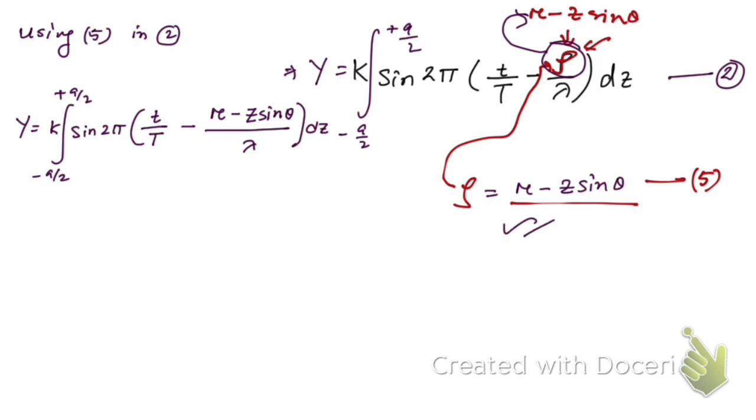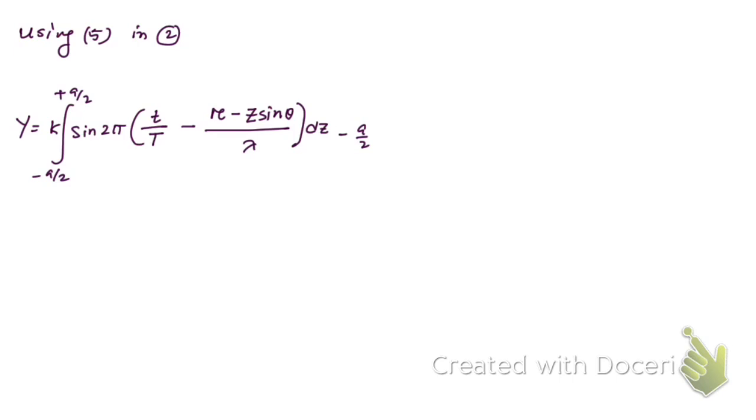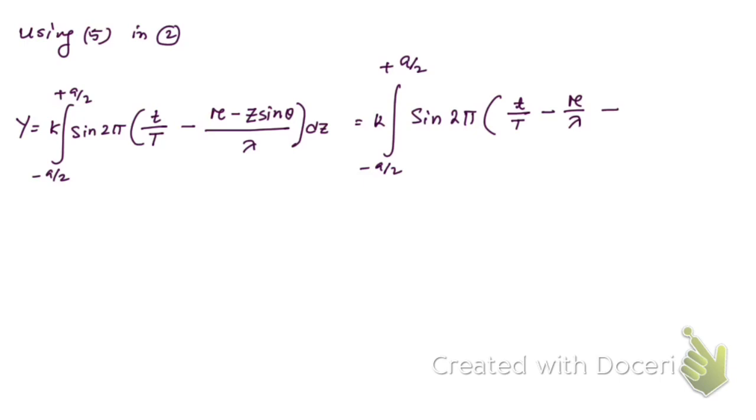Now let me simplify this. After simplification, k integration from minus half a to plus half a, sine 2 pi small t by capital T minus r by lambda, then minus z sine theta by lambda dz.